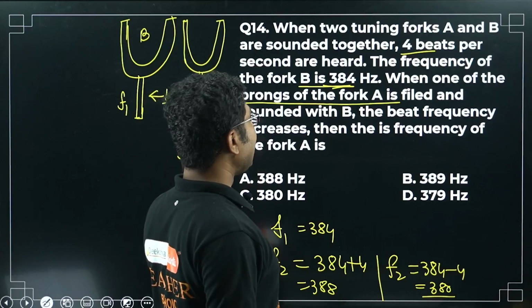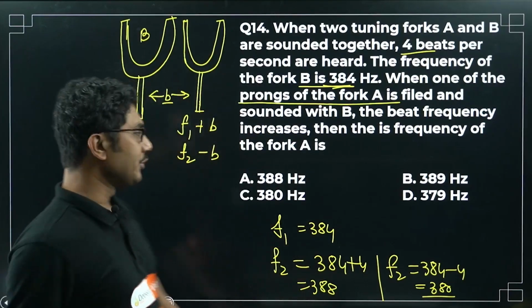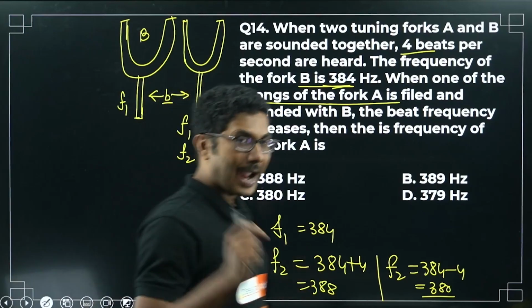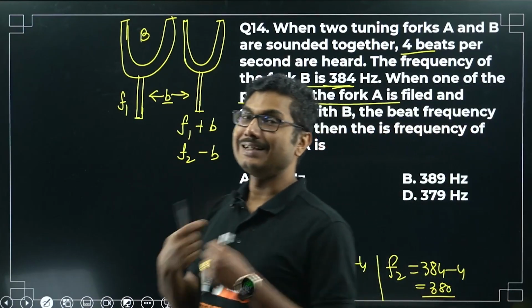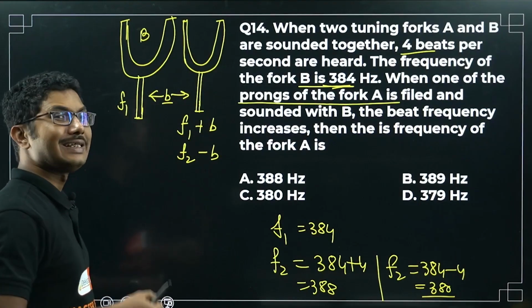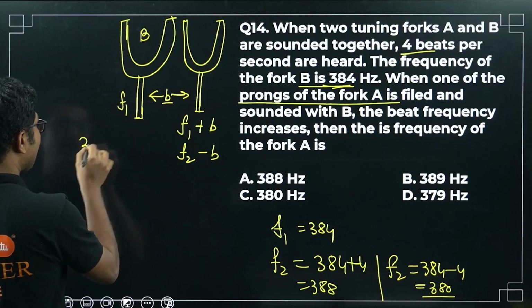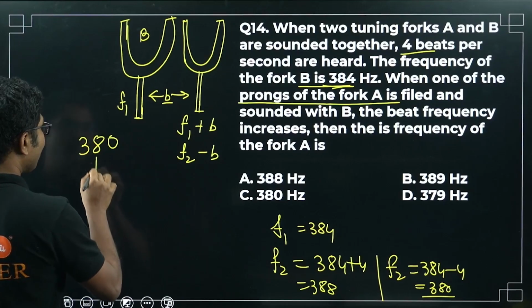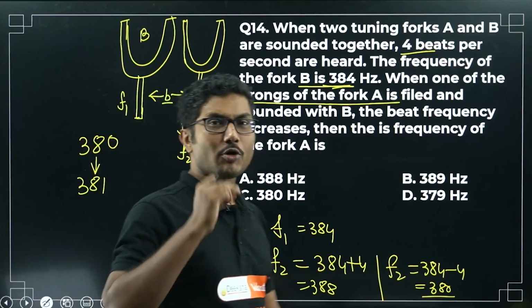The beat frequency increases. Now you have to identify which case is true. When you add extra mass to a tuning fork, its frequency decreases. That means if it was 380, now the new frequency will be 381 after you add a small mass into it.